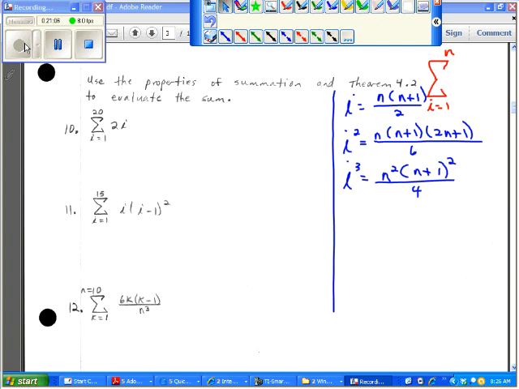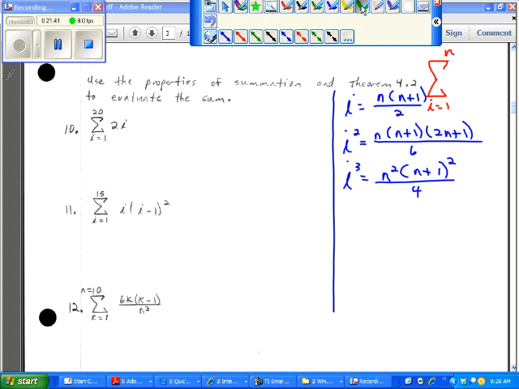The sum as i runs from 1 to n of i is n times n plus 1 over 2. The sum as i runs from 1 to n of i squared is n times n plus 1 times 2n plus 1 over 6, etc. Okay? So that summation runs with each one of those. Now our goal here is to isolate the i or the i squared or the i cubed or all of the above.